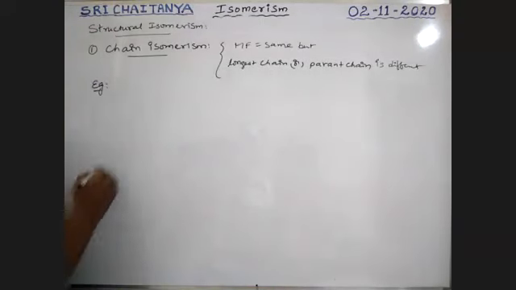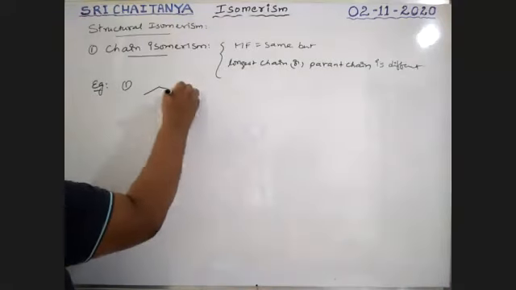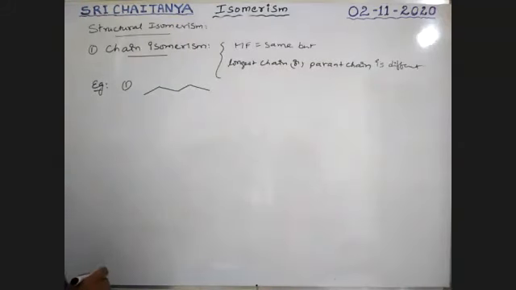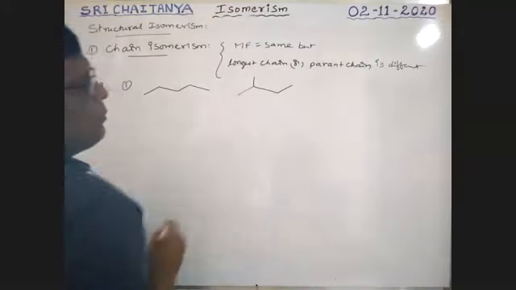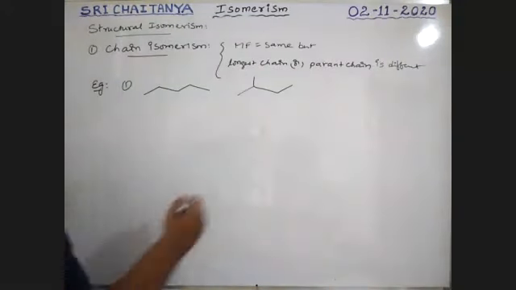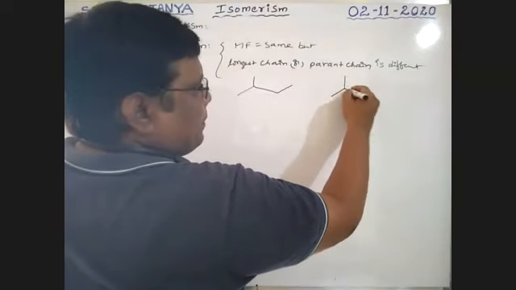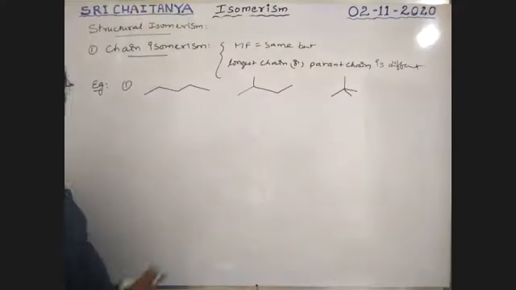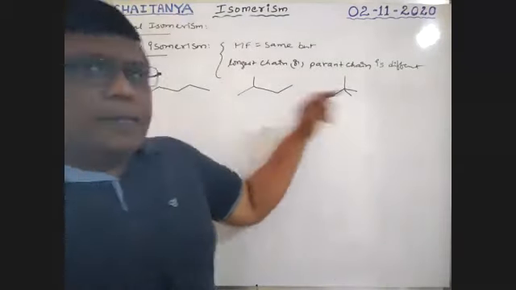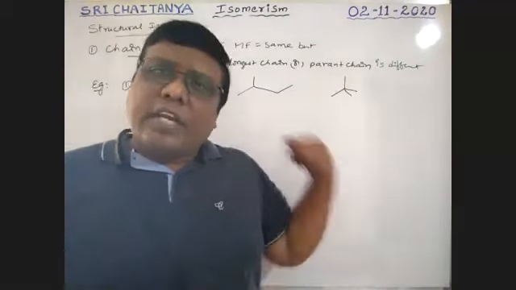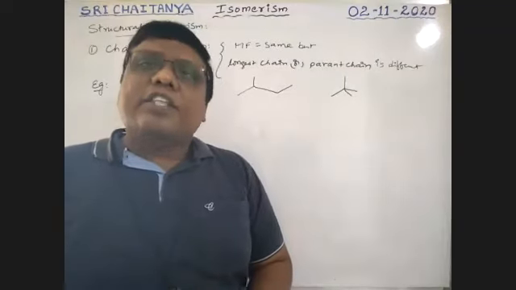Examples. First one, 5-member chain, 4-member chain, 3-member chain. Boys, the longest chain is different, so all these three are collectively called chain isomers.